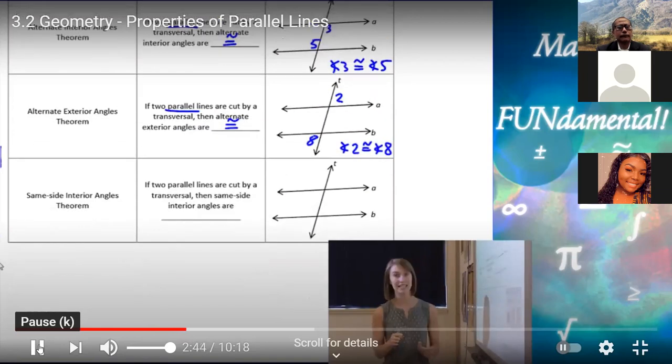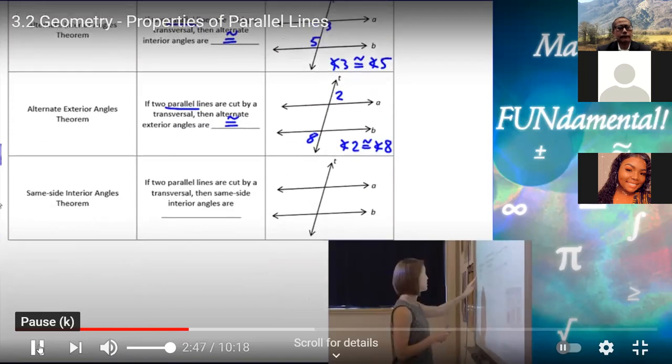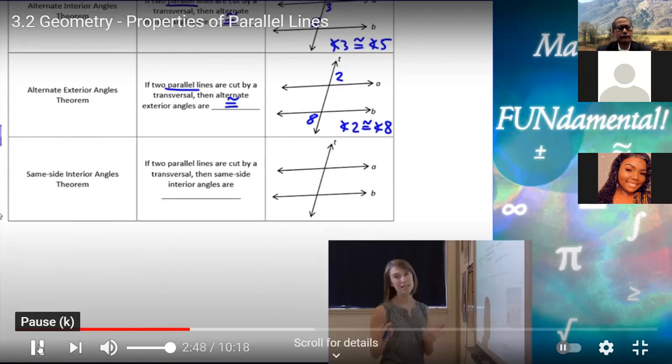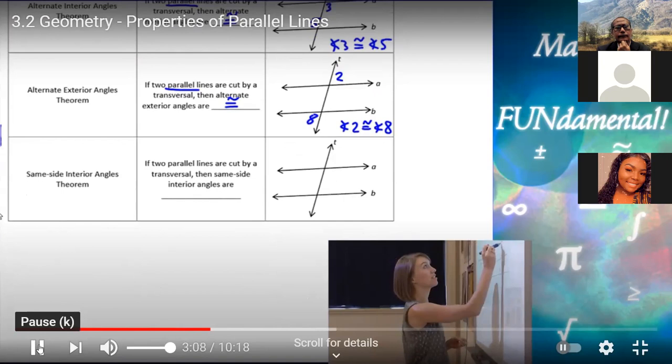All right, now, last one. Same side interior angle theorem. It could be called the consecutive angle theorem, but I usually use same side interior angle theorem. It says if two parallel lines are cut by a transversal, then same side interior angles are, well, let's look at some. Let's look at angle 3 and angle 6.